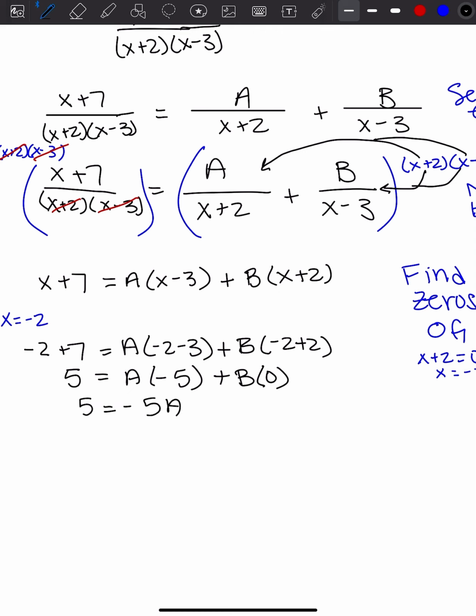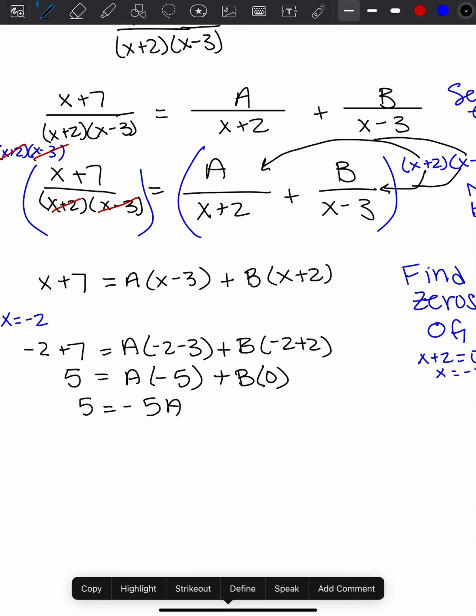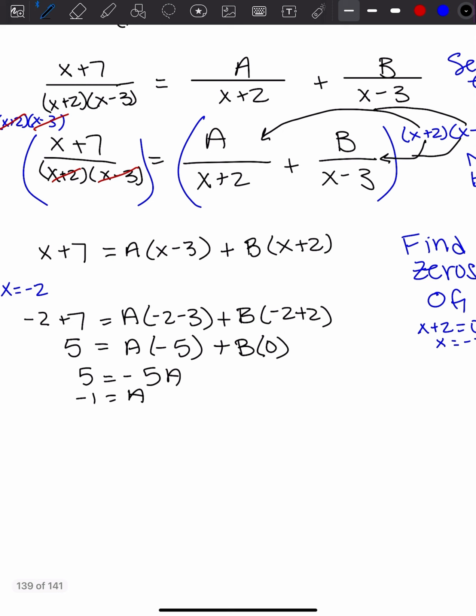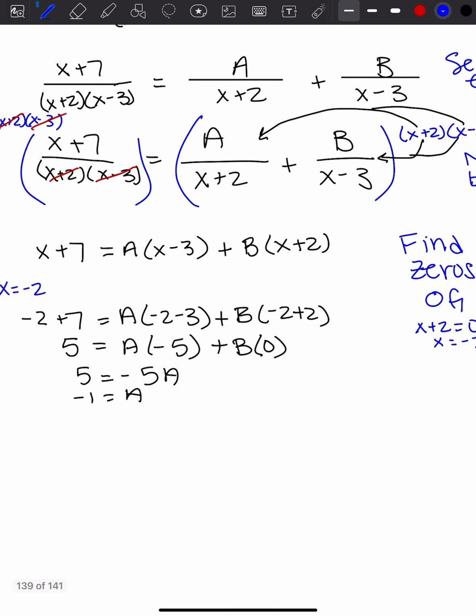Well, we have a by itself, so now I can solve for it. I'm going to divide both sides by negative 5. This gives me 5 divided by negative 5, so a is equal to negative 1. We're now going to do the exact same thing, but plug in 3.